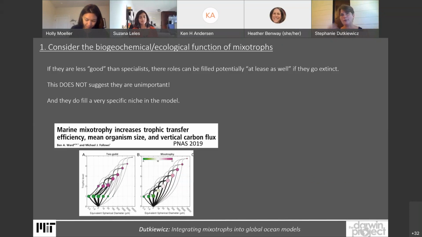But I've really been struggling a little bit with these results because there are some subtleties of how these differ to, for instance, the work by Ben Ward in showing this increase in trophic transfer and organism size, and the work that Suzana just talked about when she removed the mixotrophs.